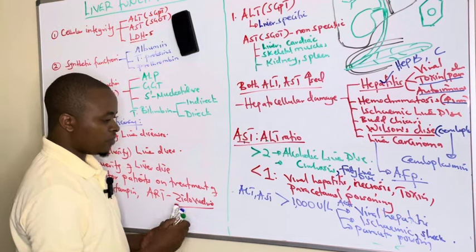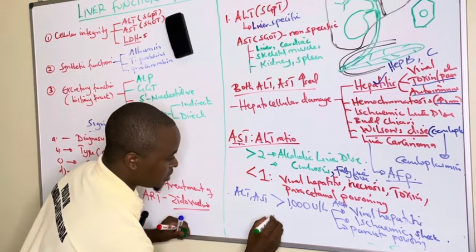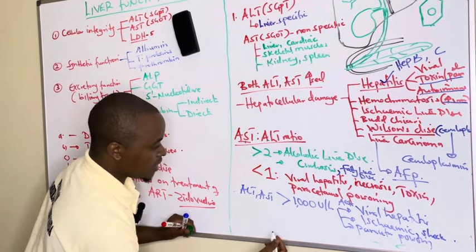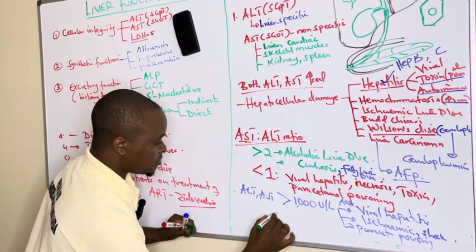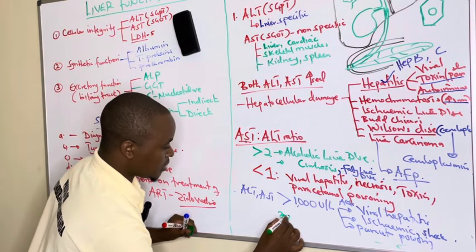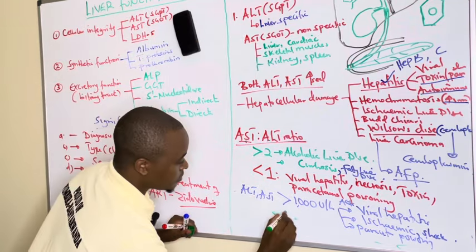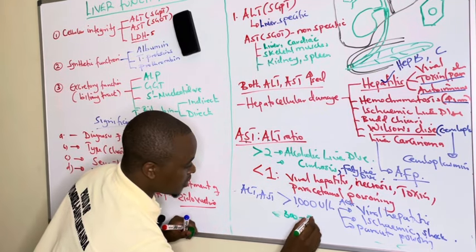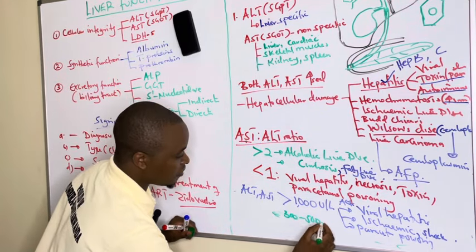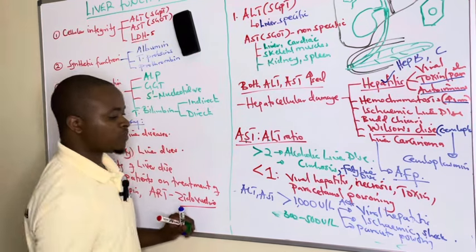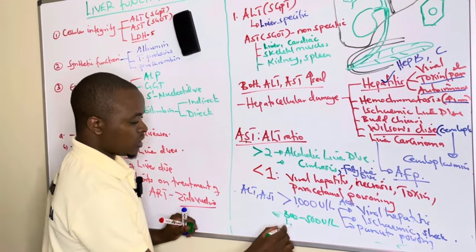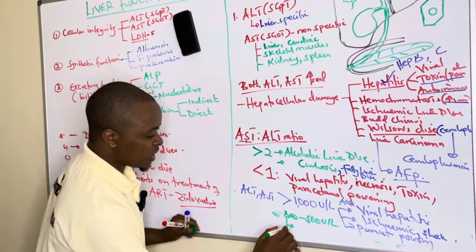But when we do them and we find they are moderately elevated, that is between 300 to 500 international units per liter, we see this in acute hepatobiliary damage.